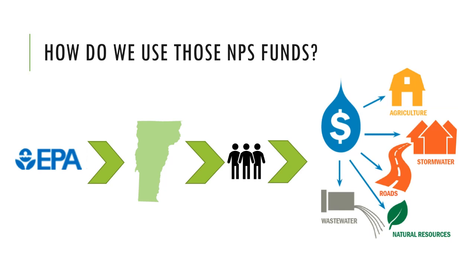So this is an important piece of how we get to do all of the funding and the grant programs that we do, due to some of this help that we get from EPA.